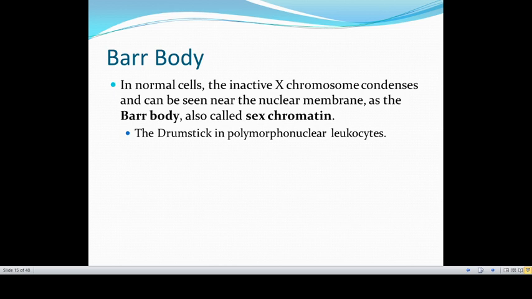In normal cells, the inactive X chromosome condenses and can be seen near the nuclear membrane as the Bohr body, also called sex chromatin, and it's also present as a drumstick in polymorphonuclear leukocytes.